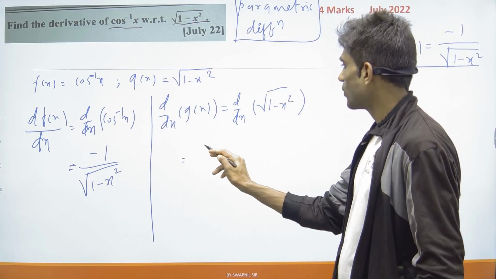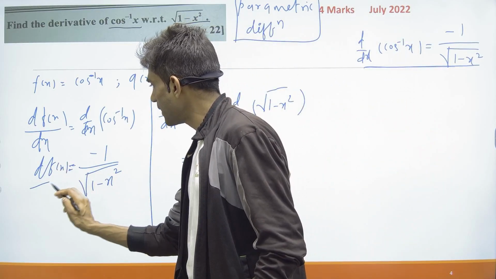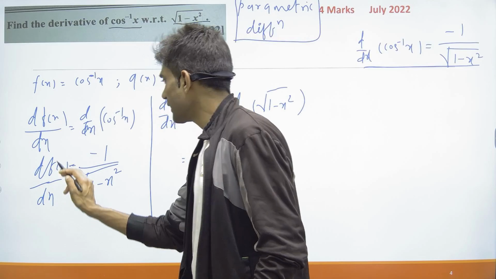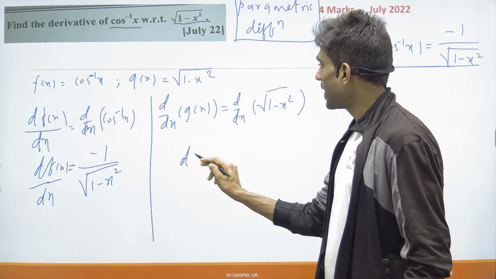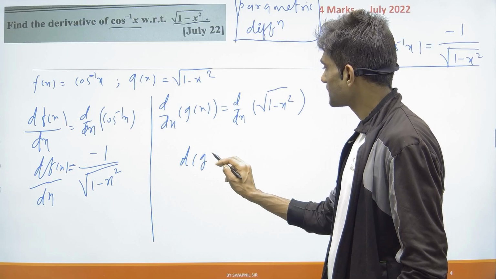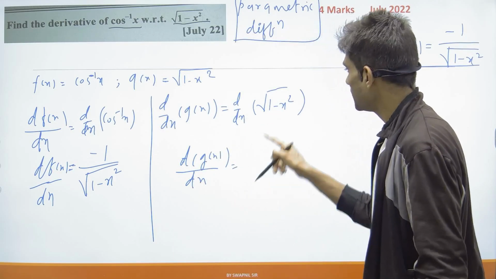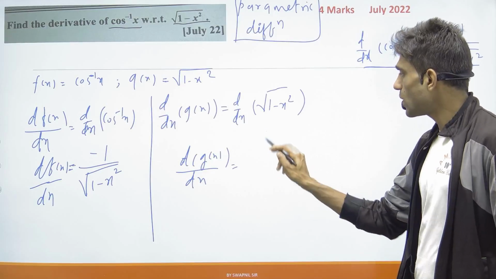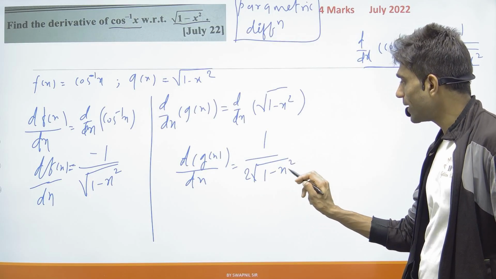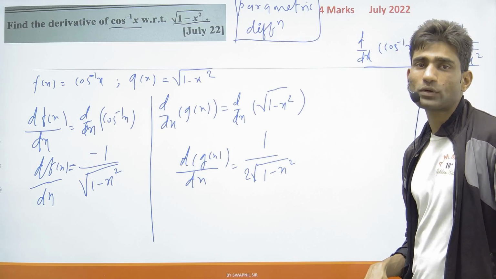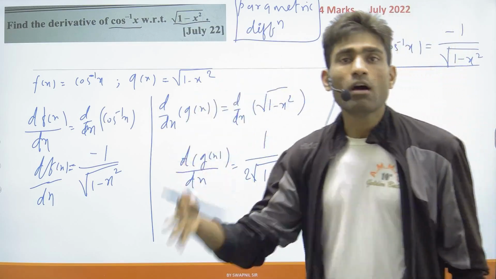Now the differentiation of g of x, square root of 1 minus x square. The derivative of f of x divided by dx is f dash of x. Similarly, the derivative of g of x with respect to x is the differentiation of root of x, which is 1 upon 2 times root of 1 minus x square, and the function looks like a composite function, so we differentiate 1 minus x square further also.